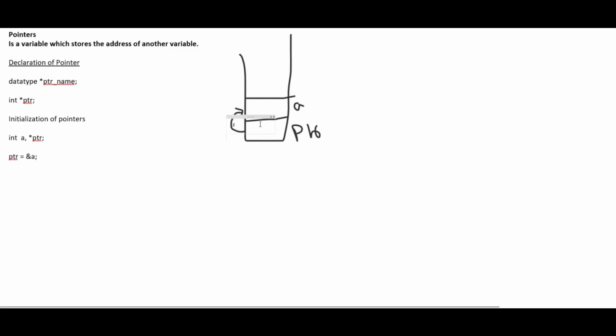Say for example, if this address is 1000, since it is an integer I'm taking it as 4 bytes, then this address might be 1004. Now ptr will have the address of a.